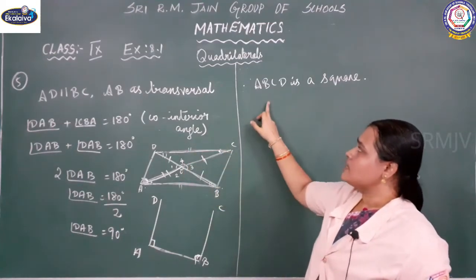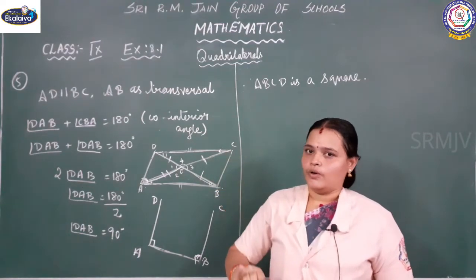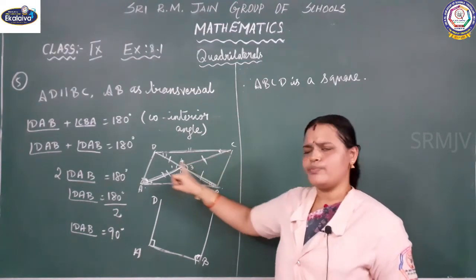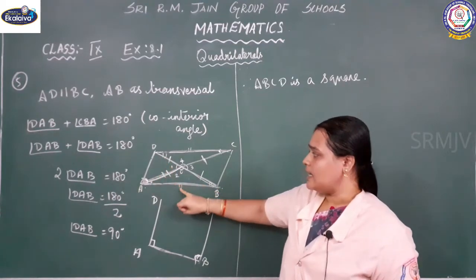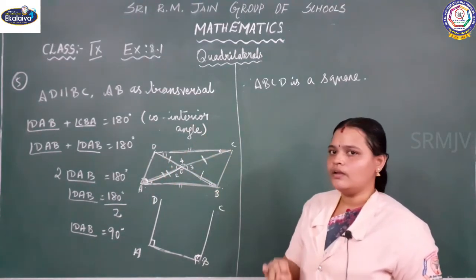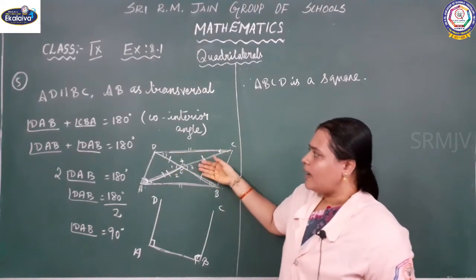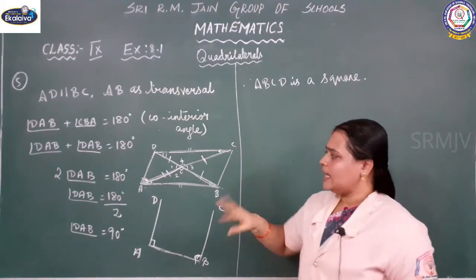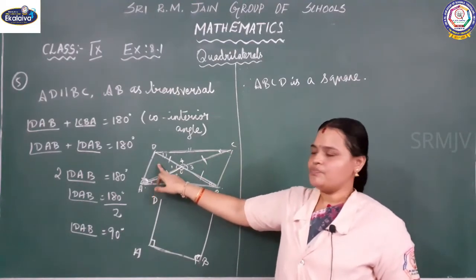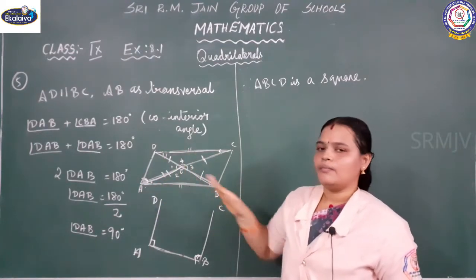So to prove this as a square, first prove ABCD is a parallelogram. By taking any two opposite triangles, prove the sides are equal, and if so the alternate angles are equal, we are telling that ABCD is a parallelogram. Then prove the parallelogram is a rhombus. Take any two adjacent sides and prove the adjacent sides are equal. Then ABCD becomes a rhombus.